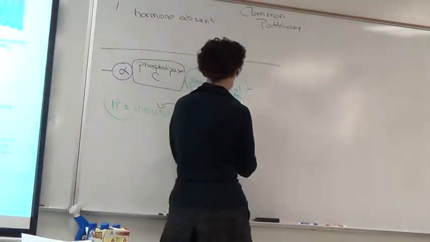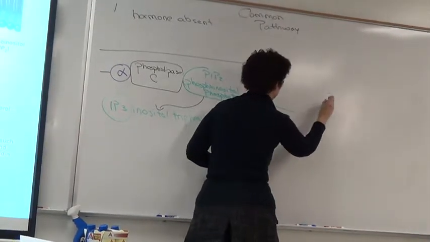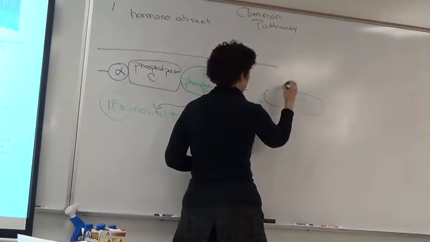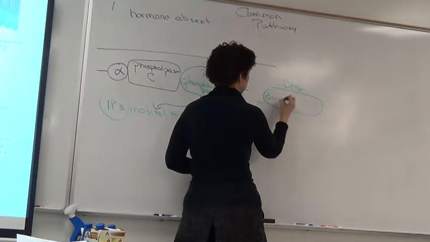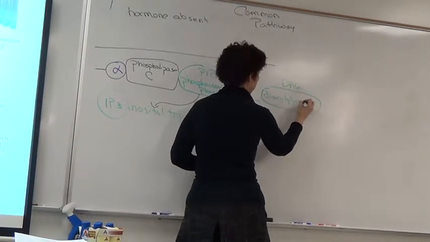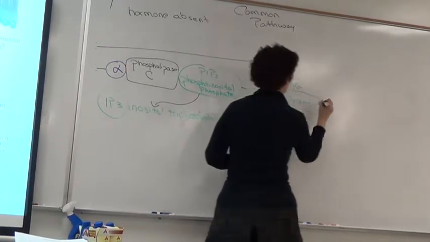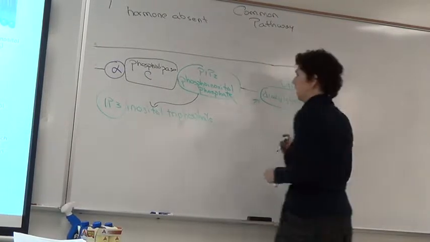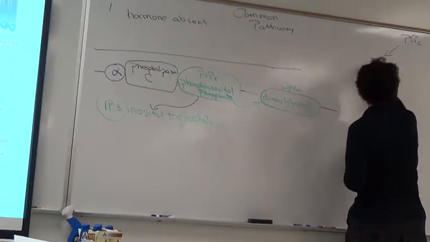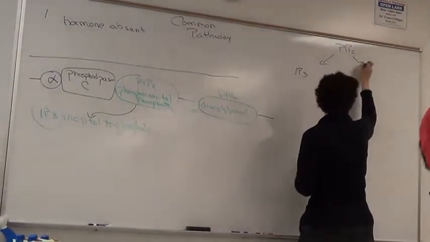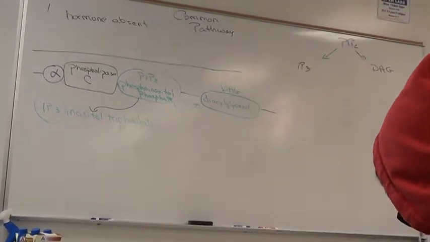The other one is associated with the plasma membrane and is diacylglycerol. So PIP2 forms IP3 and diacylglycerol. Everybody with me so far?